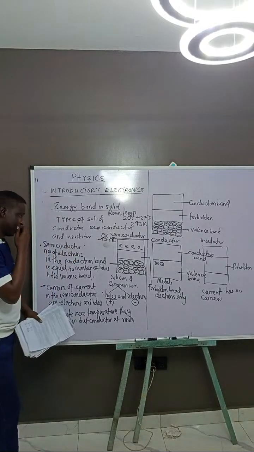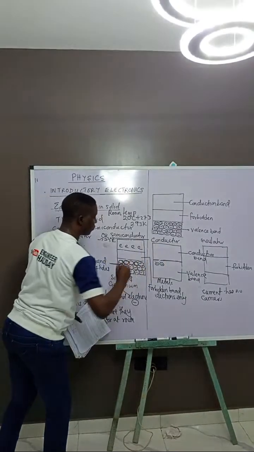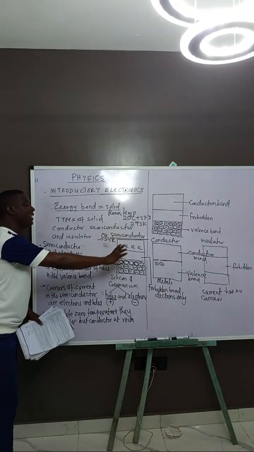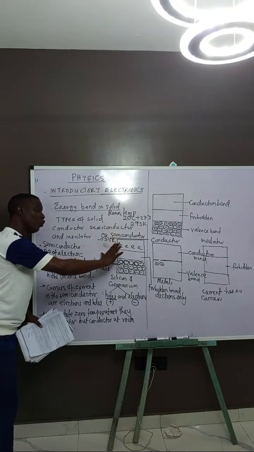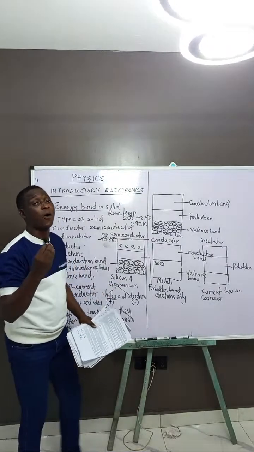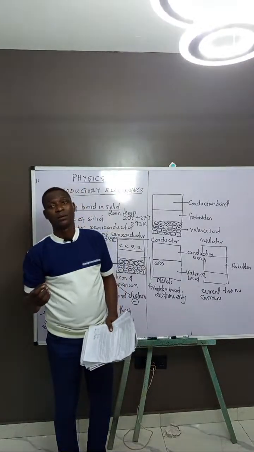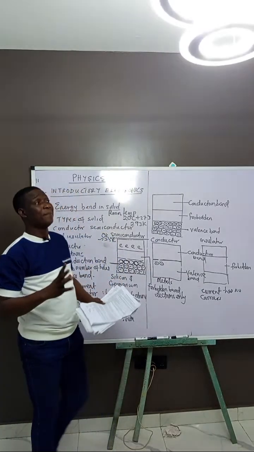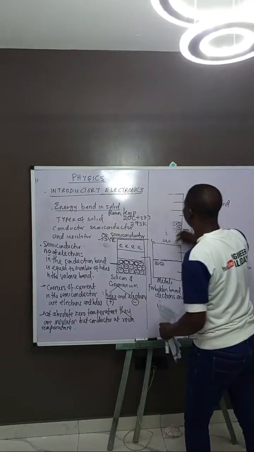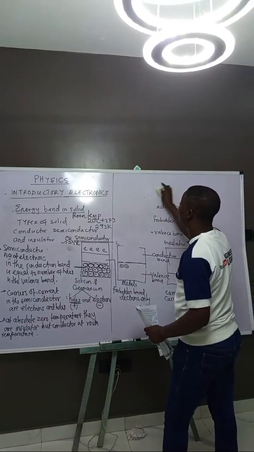Now, let's go further. We enter conductor. Now, before we enter conductor, ensure that you know that semiconductors, that is silicon and germanium, are group 4 metals. Semiconductor examples that we have talked about are group 4 metals.